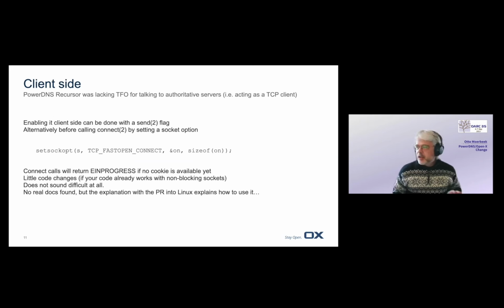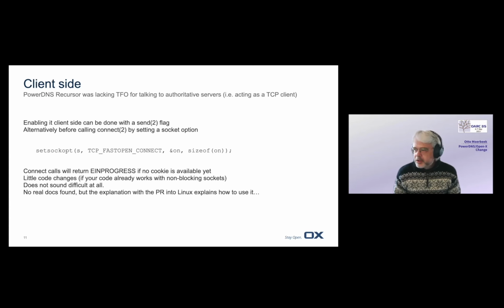But now look at the client side. Client side is also pretty simple. When I was looking at this, our DNS recursor already had the server side of things. So we were looking into the client side of things, and luckily it is also pretty simple.